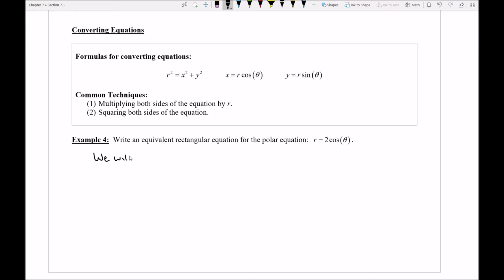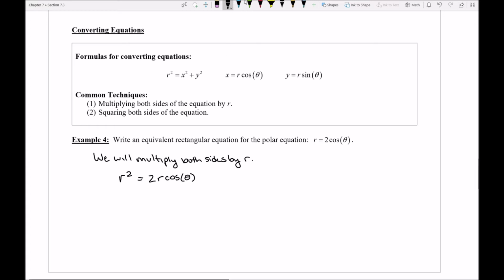I will multiply both sides by r. If I was to do that, notice I would get r squared on the left, and I can write this as 2r cosine theta on the other side.